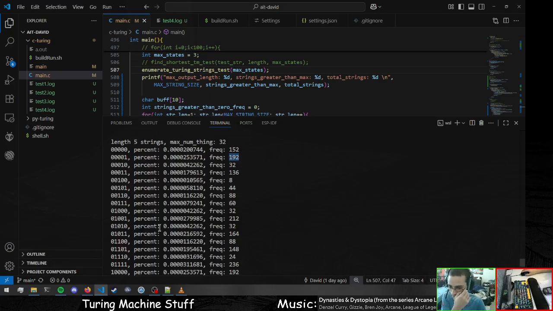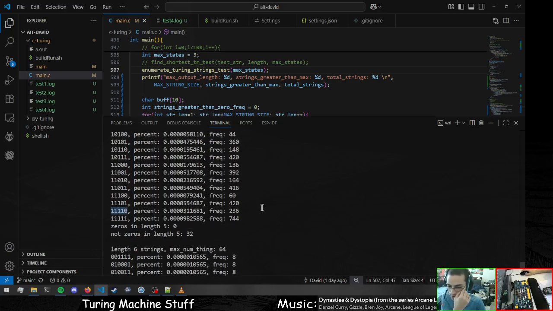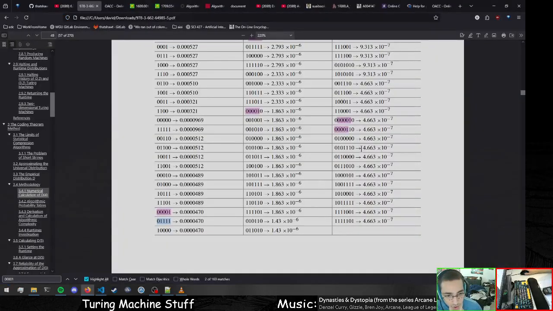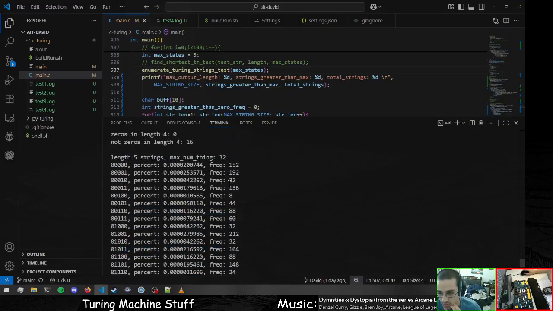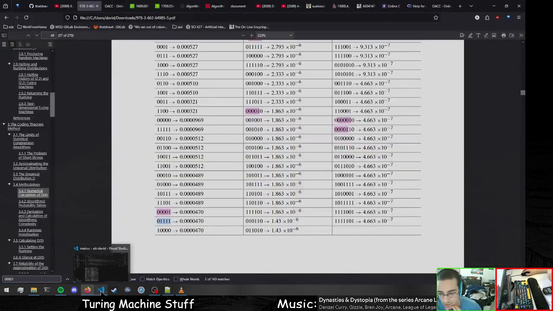Seems kind of high. Let's do the ones and a 0. And this one is much higher. So where is this? Oh wait, no, it's supposed to start with 0 and then have the ones. This one. So this one is 236. What is it again? So 0s and a 1.